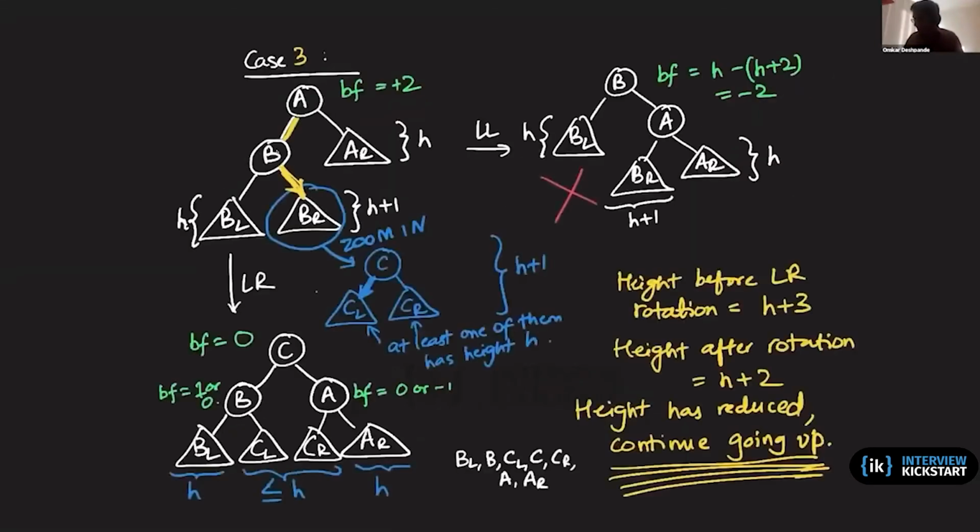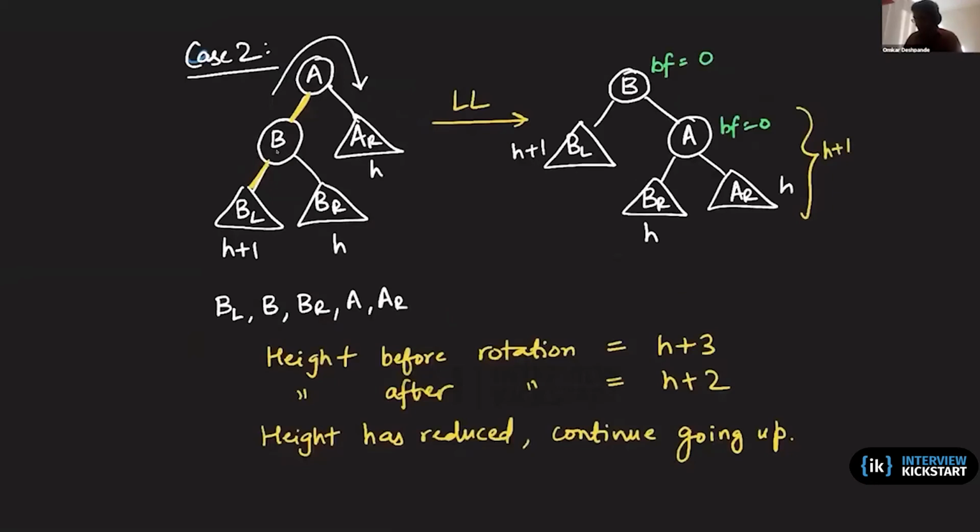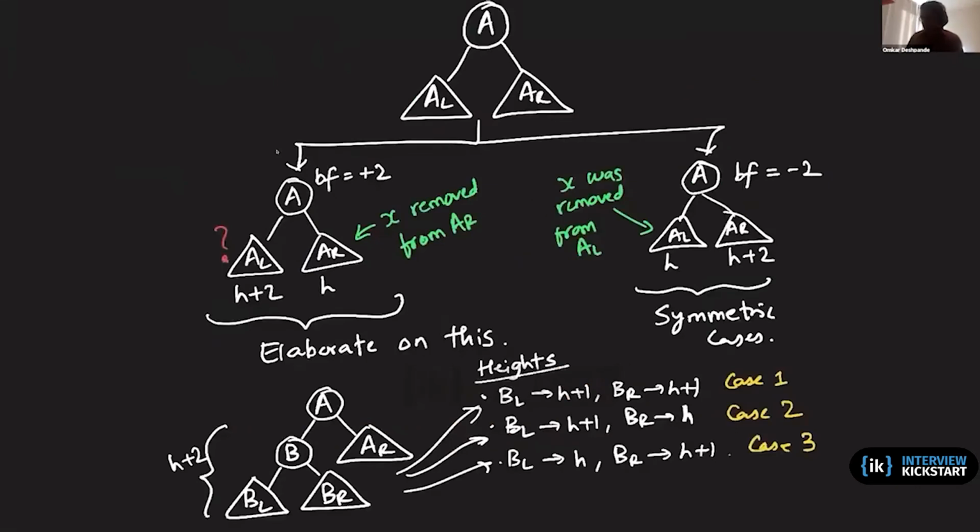No, we are looking at the height of the subtree rooted at A. We don't know how much of the tree is above us. Just that local subtree, we are calling h the height of this subtree on the right side of A, and h plus 2 is the height of this subtree on the left side. We don't know how big the rest of the tree is. It could be 100h or whatever. Whichever node we noticed a problem in, we first fix the subtree there before expanding further up.